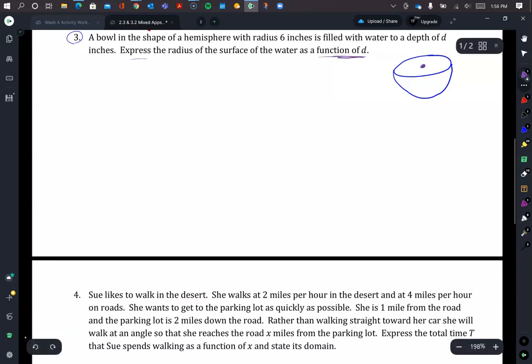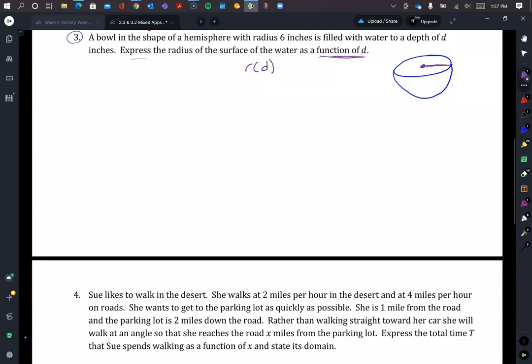All right, so we have to have everything in terms of d. So we're going to do radius in terms of d. And we have this bowl here, and I've got the center marked in there, and then the radius would go out to the edge of the bowl.